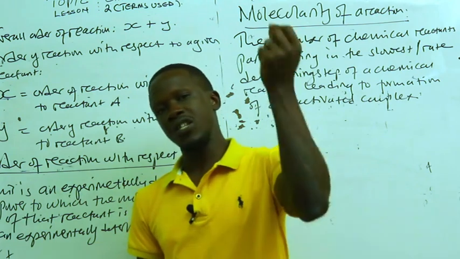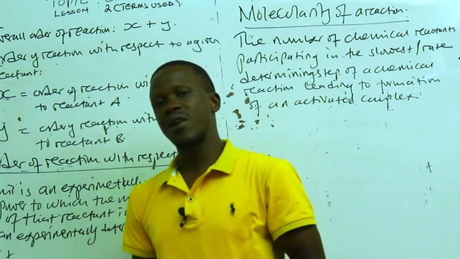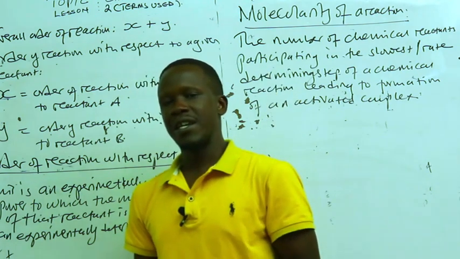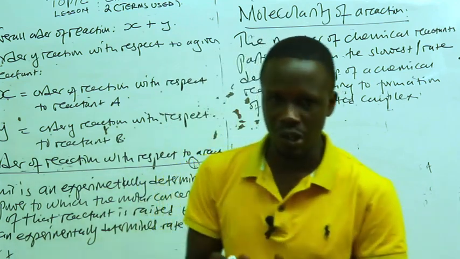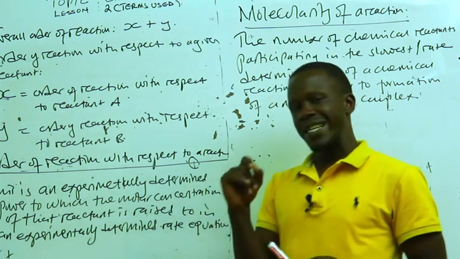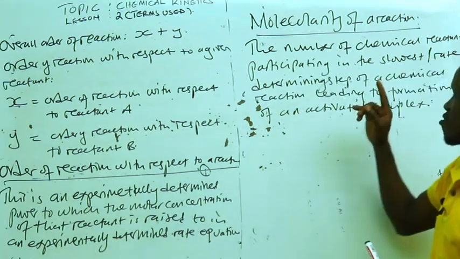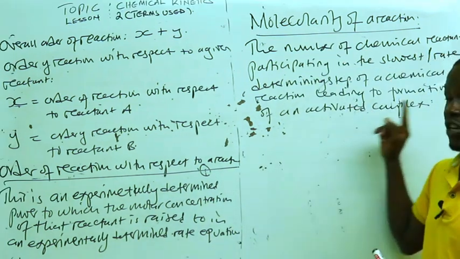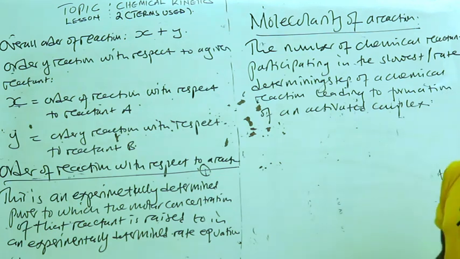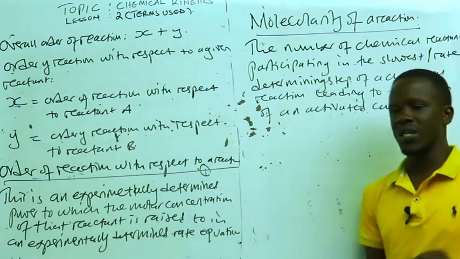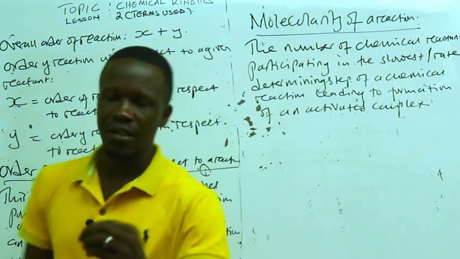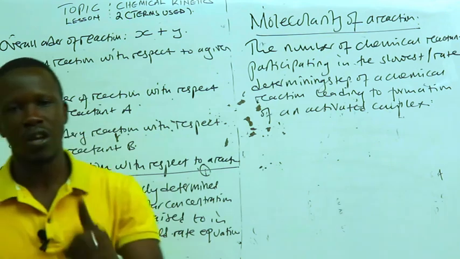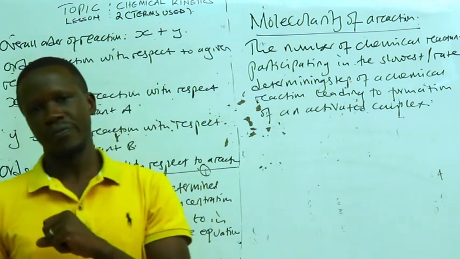Now we are saying the slowest step is the one which determines the rate of a reaction. It is the one used to measure the rate of a reaction. And one uniqueness about it, it leads to the formation of the transition state. So how many molecules are participating in the rate determining step to form an activated complex is the molecularity of that reaction.